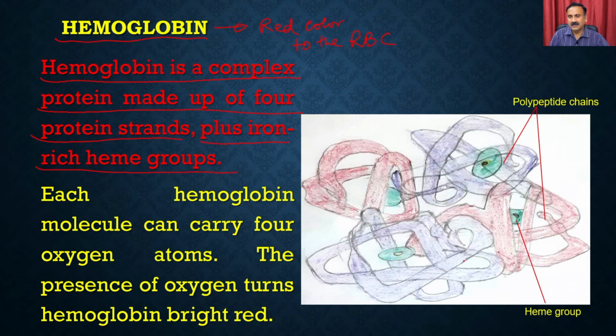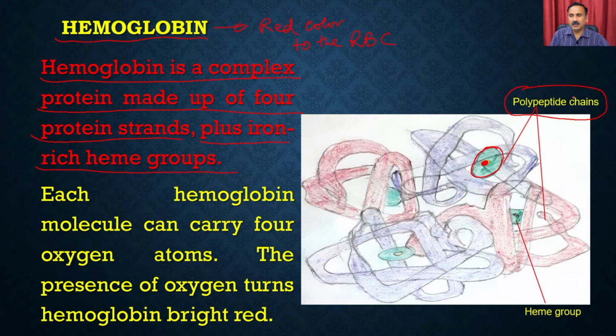What you see here is the hemoglobin molecule, where you have four polypeptide chains, and these polypeptide chains have bound heme. Heme is a porphyrin structure which has iron in the center, and this iron is responsible for binding the oxygen.